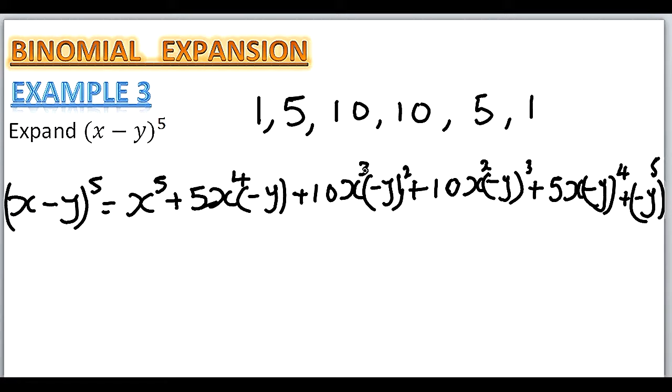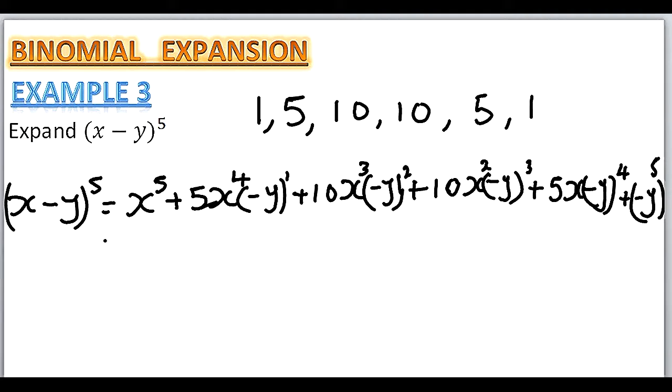So note here, when you add the powers of the terms, for example here y 5, 4 plus 1 you get 5, 3 plus 2 you get 5, 2 plus 3 5, 1 plus 4 5, and finally 5. So the total of the indices should be 5.